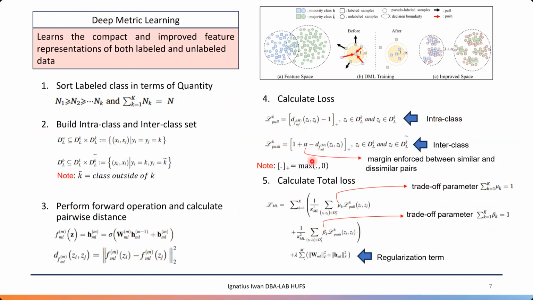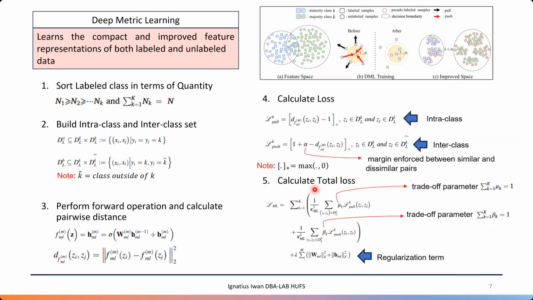This parameter alpha is the margin for enforcing separation between the similar and dissimilar pairs. This is the result of the training that we hope for. Before training, the intra-class samples are separated and the inter-class samples are also somewhat close, but in the end we want the intra-class to be clustered together and the inter-class to be separated apart.